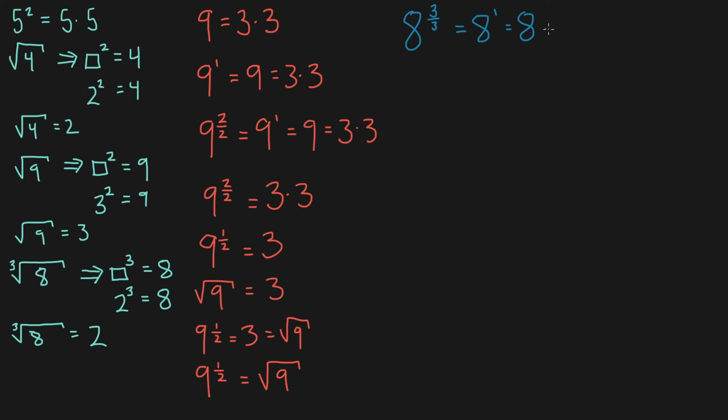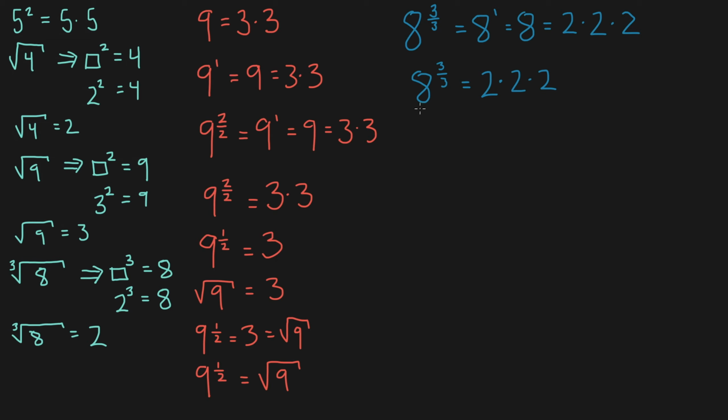And we can also think of 8 as 2 times 2 times 2, or 2 cubed. Just like I did over here, where I removed the middle parts of this equation, I'm going to do the same thing here, and I'm just going to say that 8 to the 3/3 power is equal to 2 times 2 times 2.